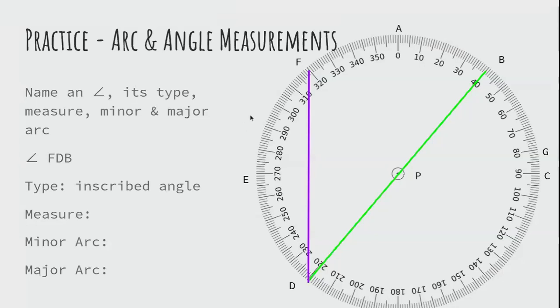So now we have an arc between where? Where would you think the minor arc would be? And think about your angle, FDB. Where does that angle cut the circle? If we were taking out this slice of pizza, yeah, we cut it crazy, but that's our slice of pizza.